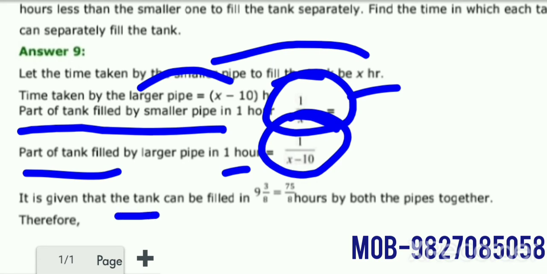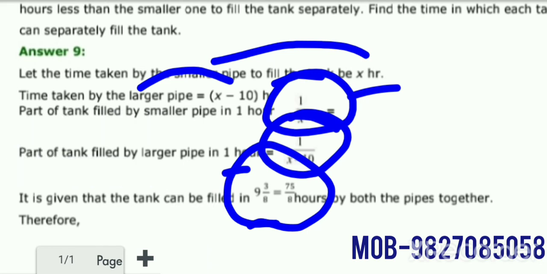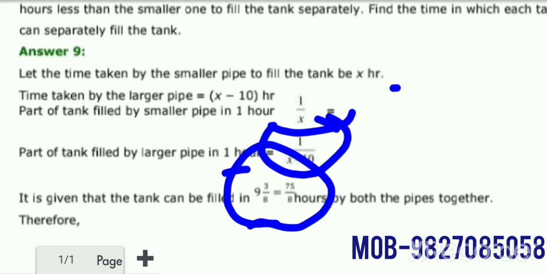The time taken to fill the tank is 9 3/8, which is 75 upon 8. This is the time taken by both pipes.